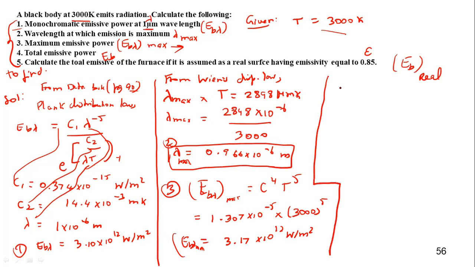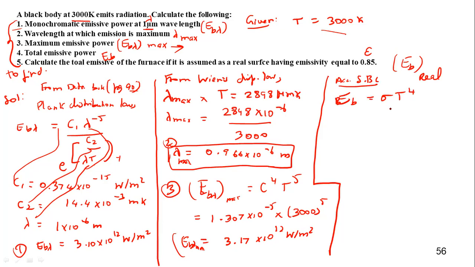So next we find the total emissive power. The fourth value is the total emissive power. We know the emissive power according to Stefan Boltzmann's law. Okay. So E_b is equal to sigma T power 4.